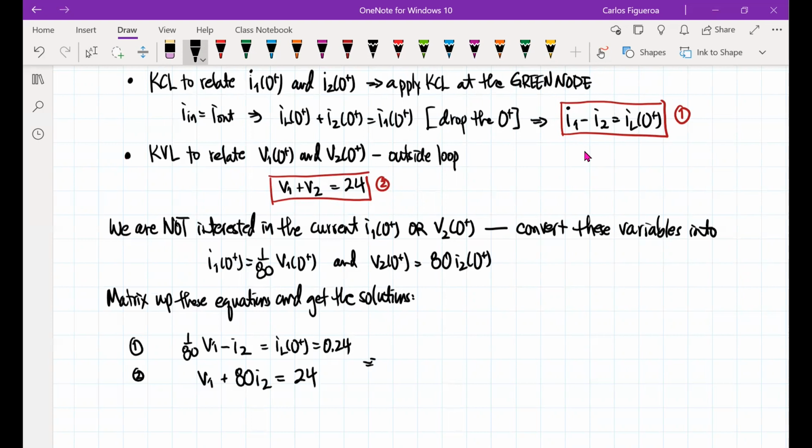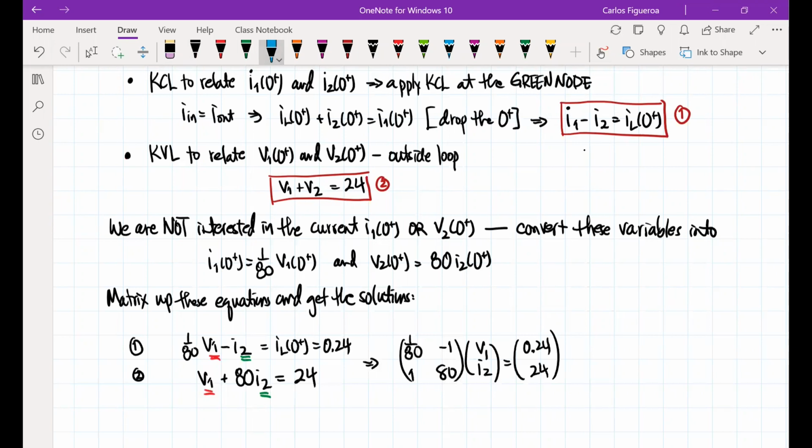So now, if I make a matrix out of this, you could see that here I got V1. So this guy should be 1 over 81. I have a second equation, which is going to be an I2. So in this case, this is going to be 80, and this guy's going to be minus 1. And so in this situation, I get V1, I2, and then 0.24 versus 24.